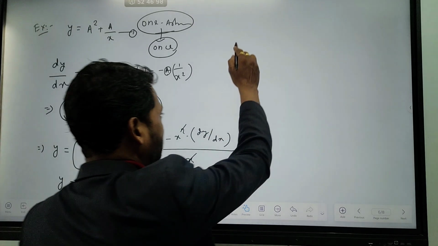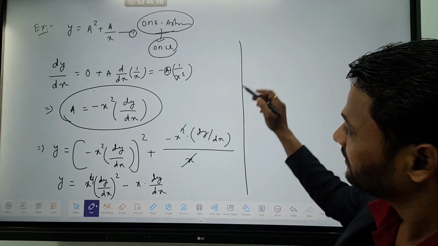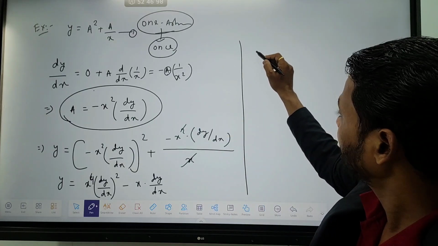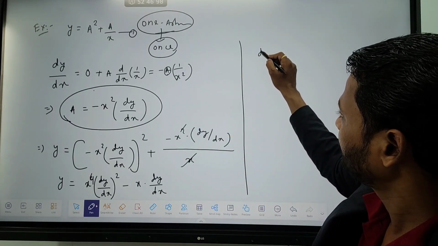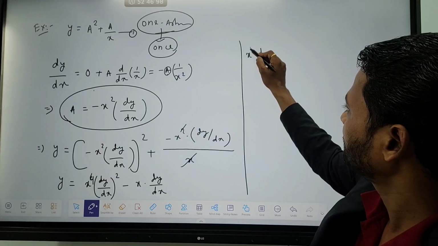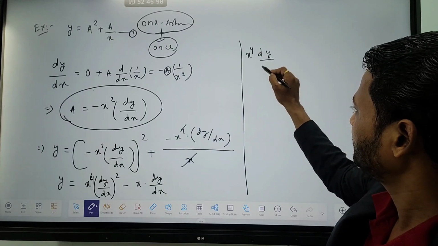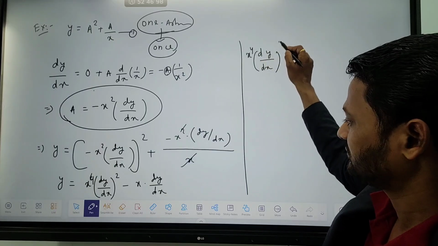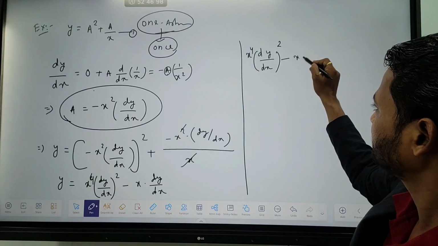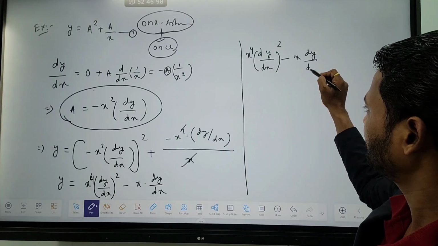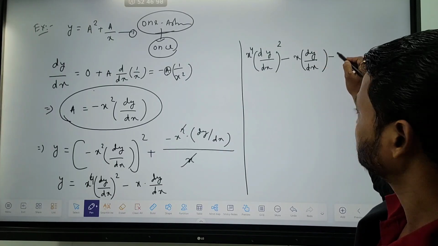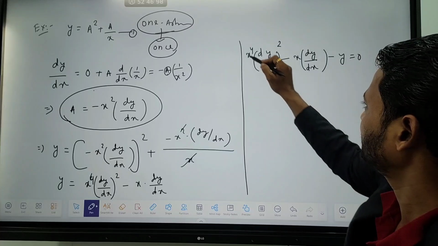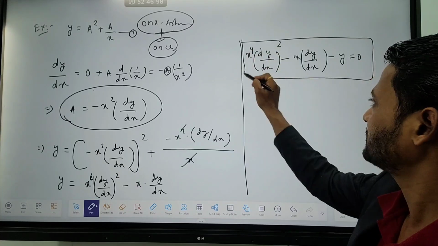So now I can write here x to the power 4 dy by dx square, ठीक है, minus x into dy by dx minus y will be 0. ये हो गया आपका डिफरेंशियल इक्वेशन.